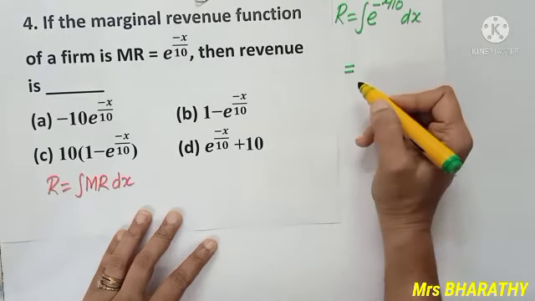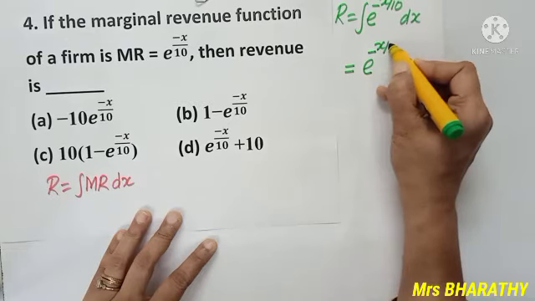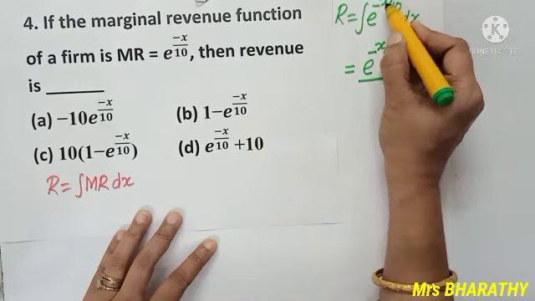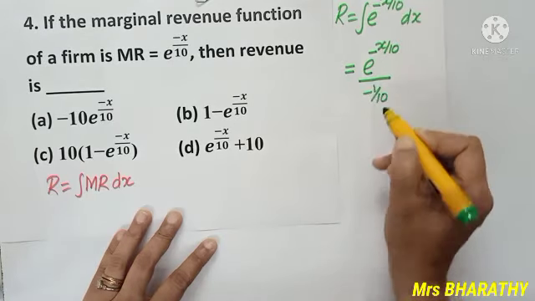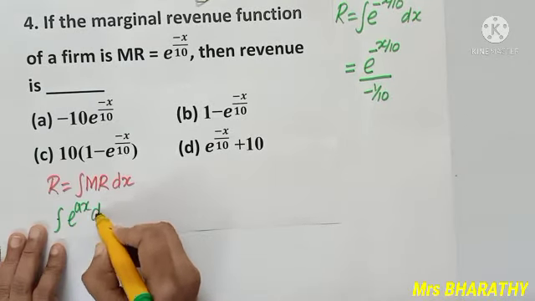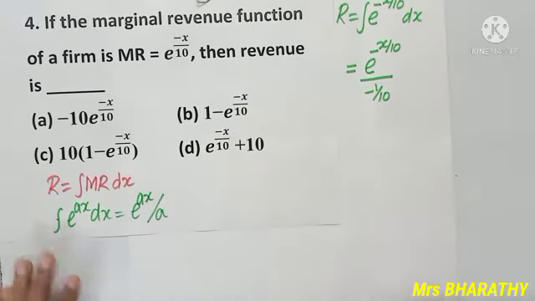Remember the formula: integral e power is e power the same divided by the coefficient of x. I have minus 1 by 10. So recall the formula: integral e power ax dx is e power ax by a.